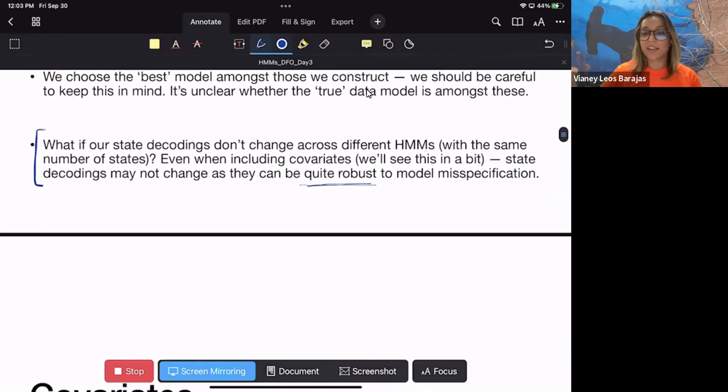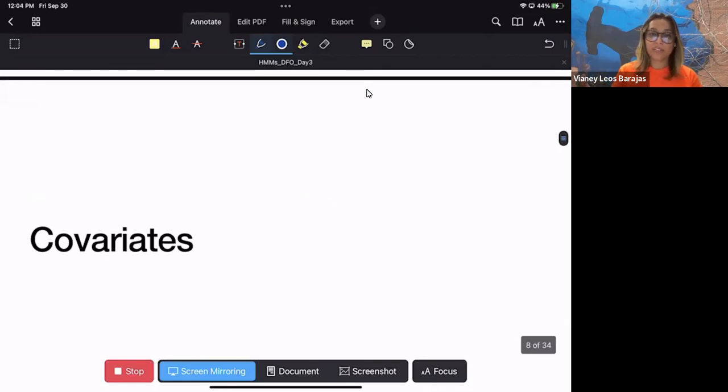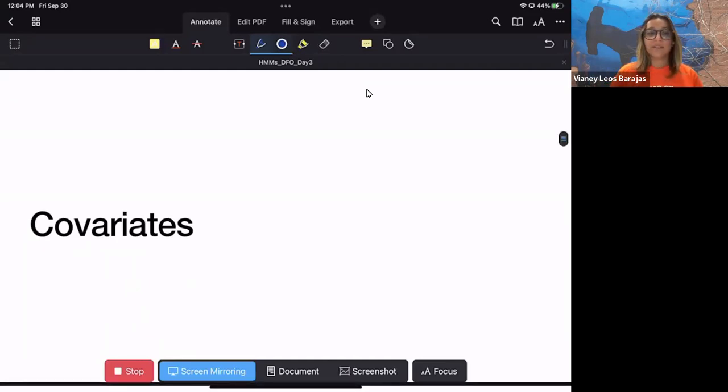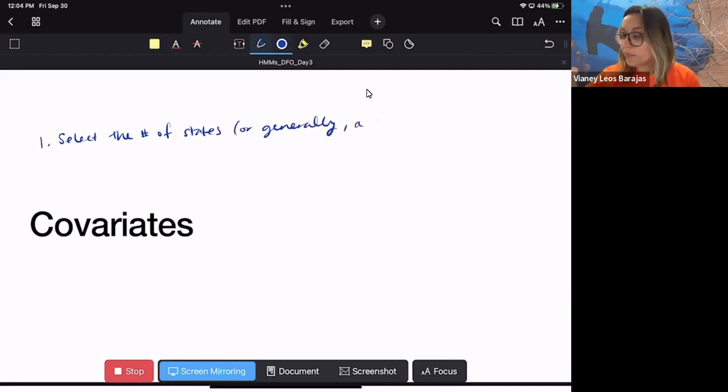So with model selection in hidden Markov models, we can use information criterion as a guidance, we balance complexity, interpretability, and so on. So once we've selected the number of states, which is often the first thing to do, so select the number of states, or generally, a subset of N-state hidden Markov models to work with.